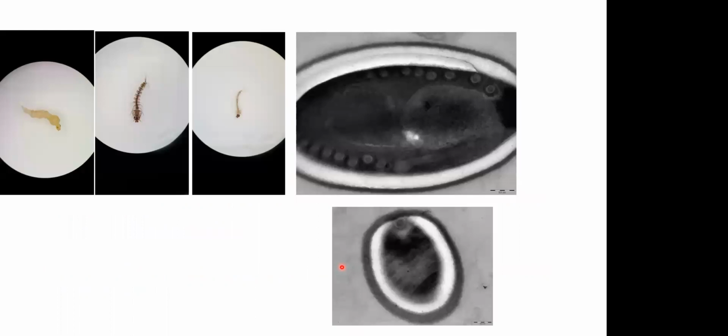There's a sick mosquito on the left, healthy ones to the right of it, and then the EM showing the pathogen, which is probably, again, an Anncaliia species. But we never got around to doing the definitive identification.